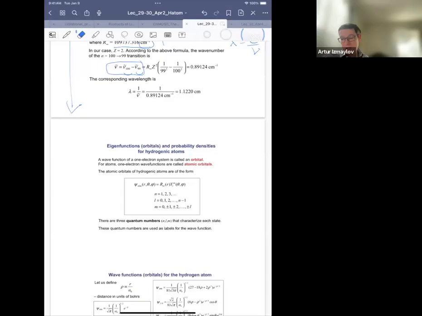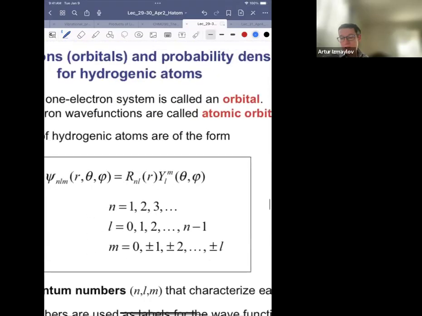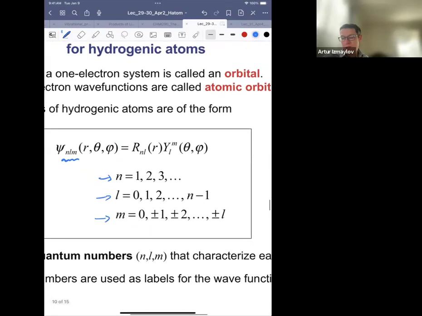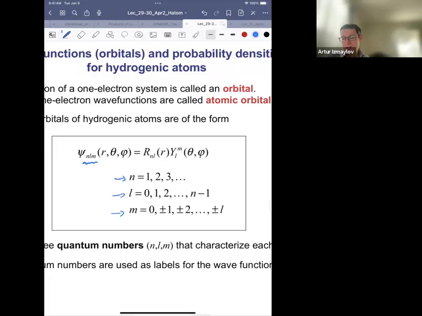So here we go to the second part, eigenfunctions, and that's where you meet all your old friends, quantum numbers, right? Because we remember from general chemistry, the solutions are labeled N, L, M. Those are quantum numbers. N is the principal, L the angular, and M the projection on the z-axis.